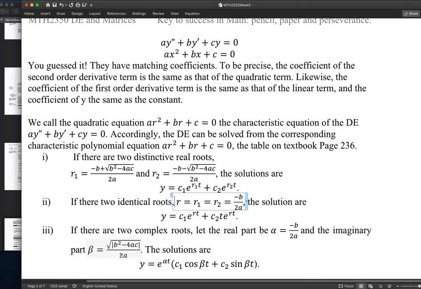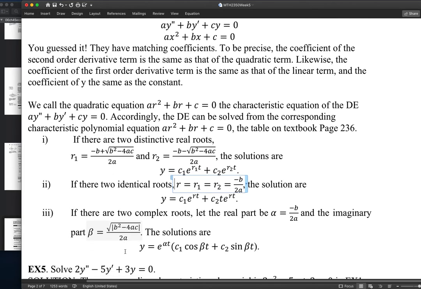Then the differential equation can be solved in this fashion: the exponential function e to the alpha t, where alpha is the real part, times parentheses, a linear combination of cosine beta t and sine beta t.